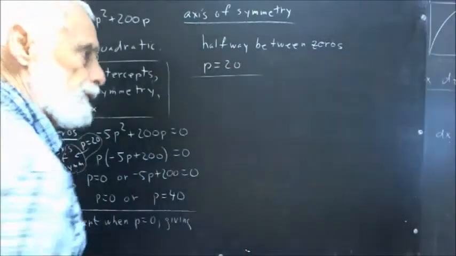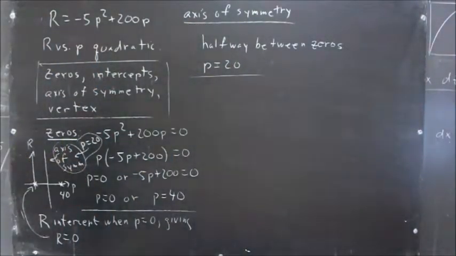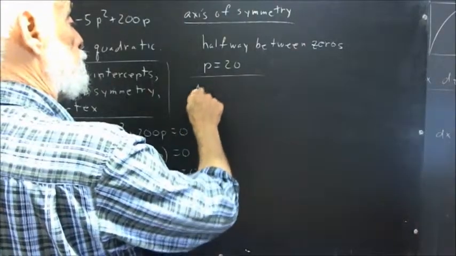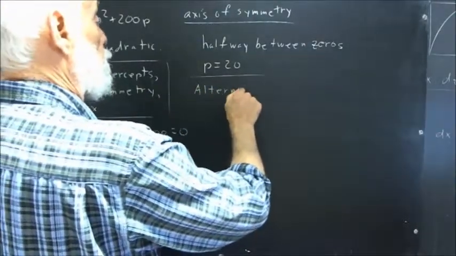Now there's another way you could have found the vertex and the axis of symmetry using the quadratic formula. Alternative.